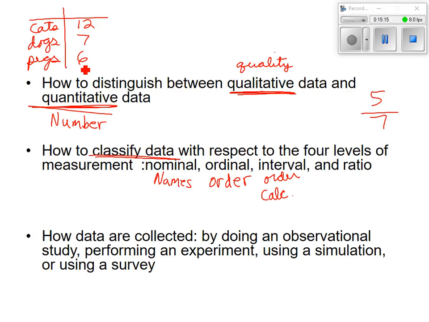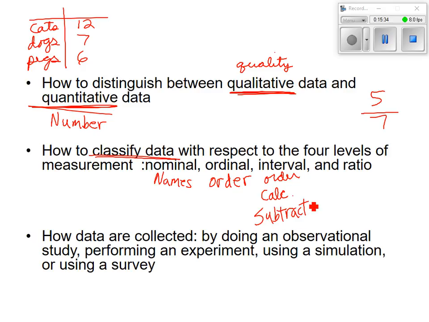We can actually say something like it's twice as much, or it's half as much, or it's 1.5 times more than the other. We can actually put the two numbers and divide them together. With the interval, probably the main thing that we can do is subtract.